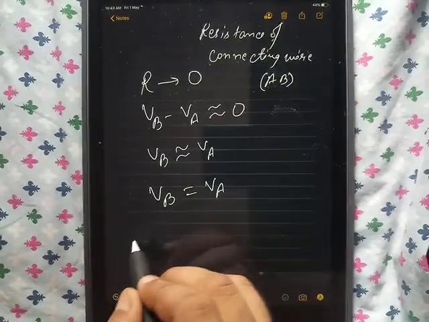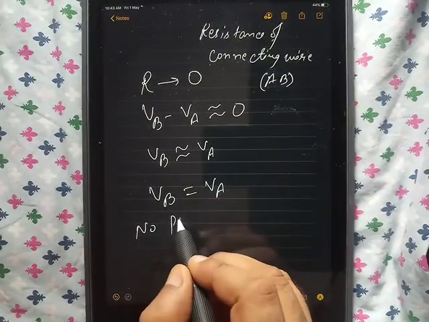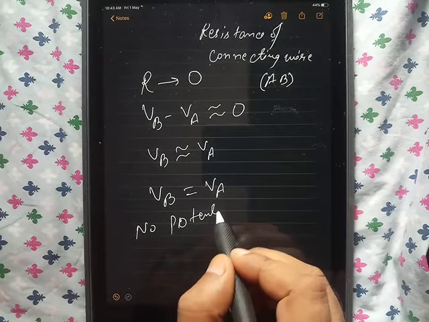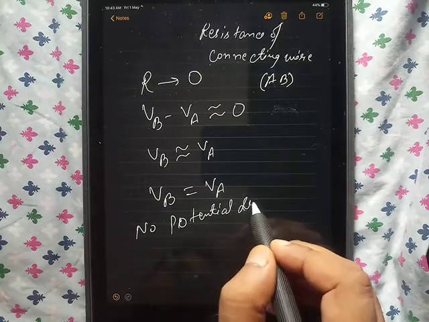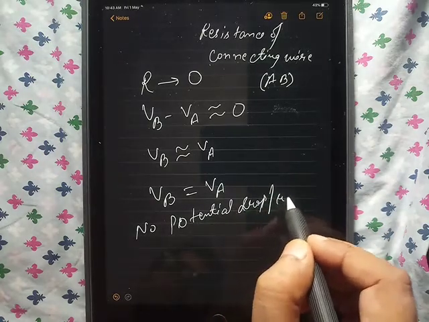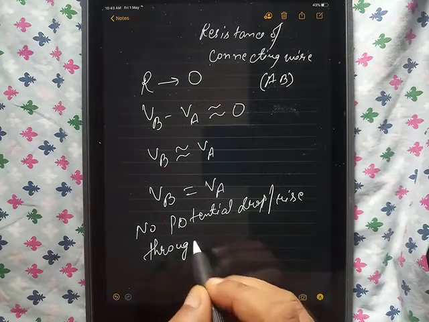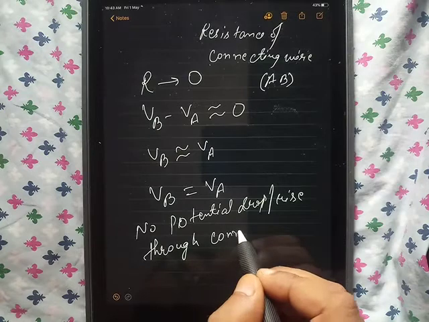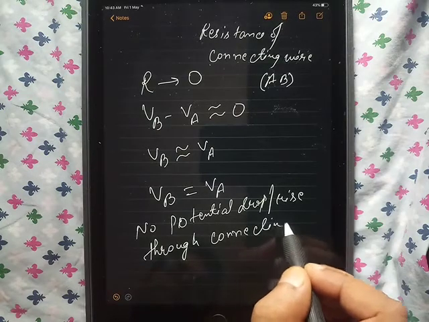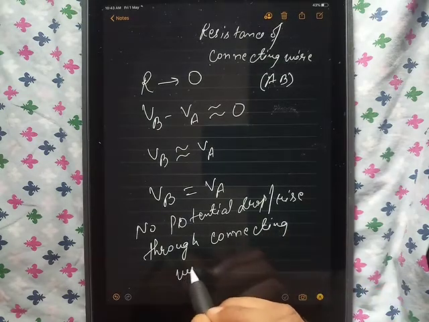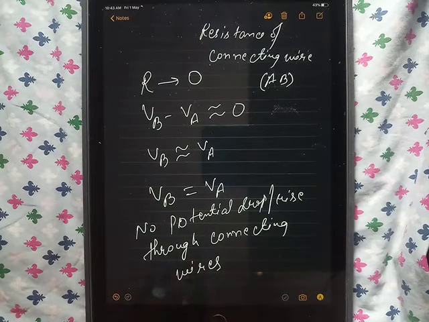So there is no potential drop or rise through connecting wires.